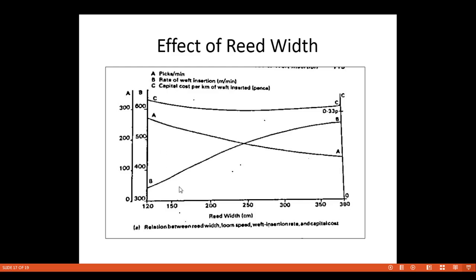So the more the width, the fewer picks will be inserted in 1 minute, and the less the width, the more picks will be inserted per minute, or the RPM of the machine will be more. Here RPM of the machine will be less, that is, picks per minute insertion will be less. So this is our A curve.